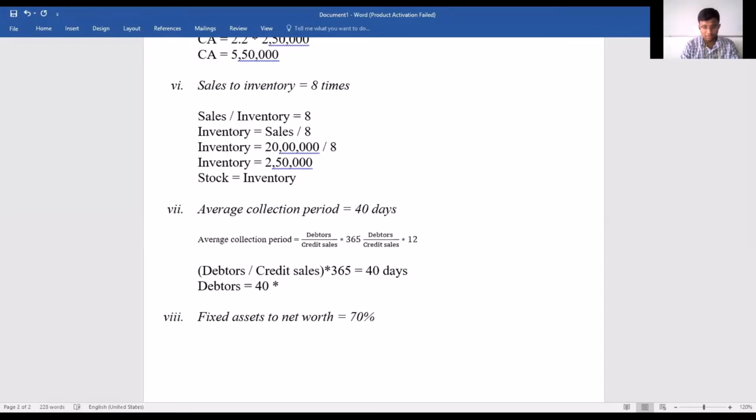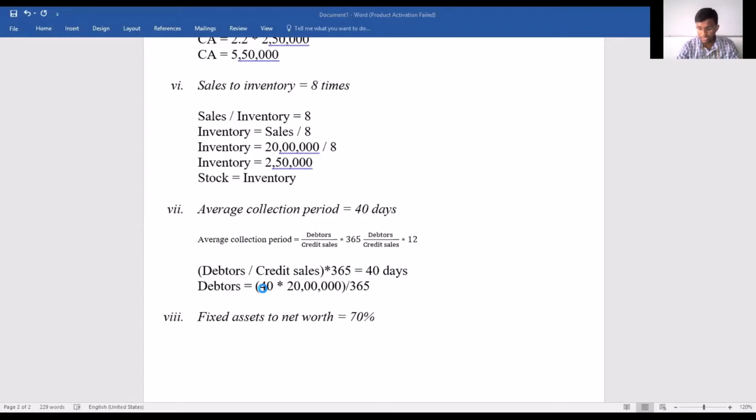So credit sales is how much? Credit sales is 20 lakhs. How do we know that is credit sales? Because what has been told to us in the question is that the entire sale is on credit. So 40 into 20 lakhs divided by 365. When you solve for this, you would get the answer for debtors.